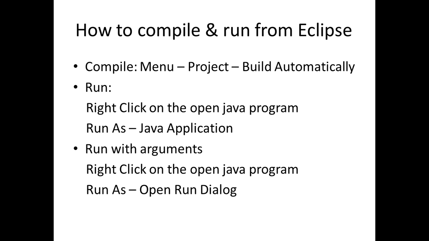Then in order to compile and run from Eclipse, you go to the menu, to the project, and check build automatically, and once you save the file, it will automatically get compiled. And to run it, you right click on the open Java program and say run as Java application. And then if you want to run with arguments, you right click on an open Java program and choose run as, and open the run dialog and pass the command line arguments.